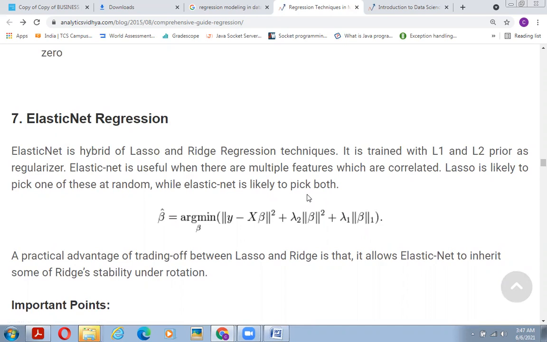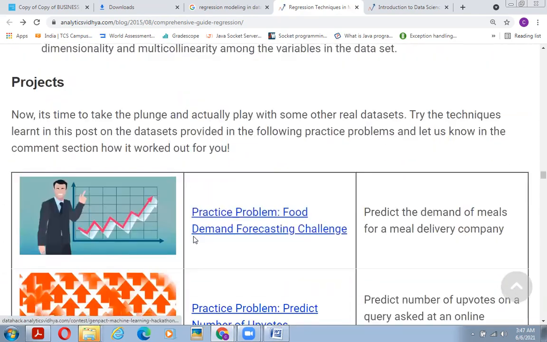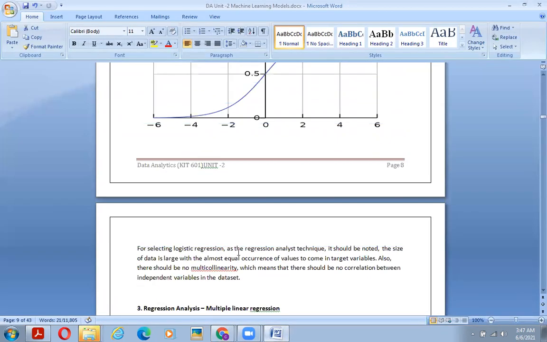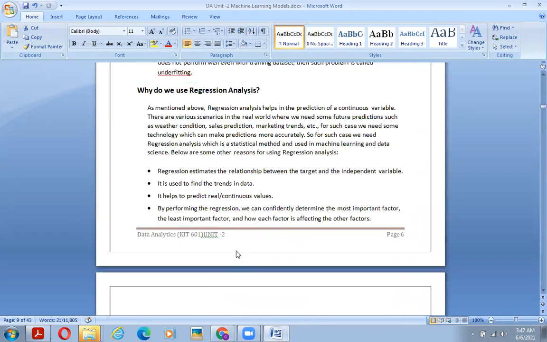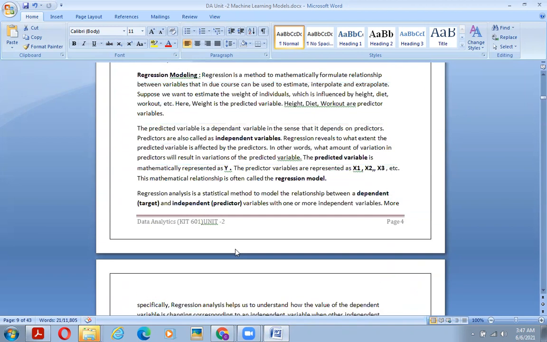In lasso, we put in one penalty, but in elastic net we try to get more combined terms, so it can be linearized in the regression. This is what we got in regression models. When we understand it, we implement it as per the need of the business. I hope you got an introduction to the regression model, and that you are able to write up your answer and implement it in the future as well.